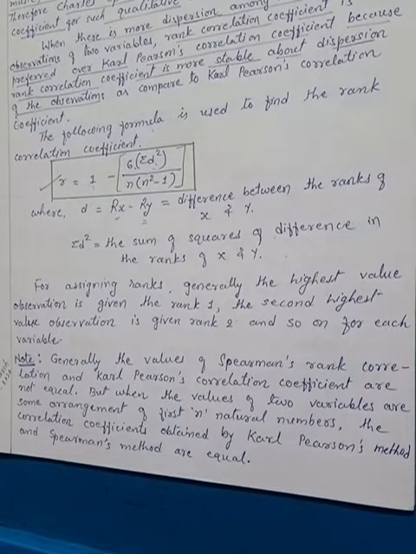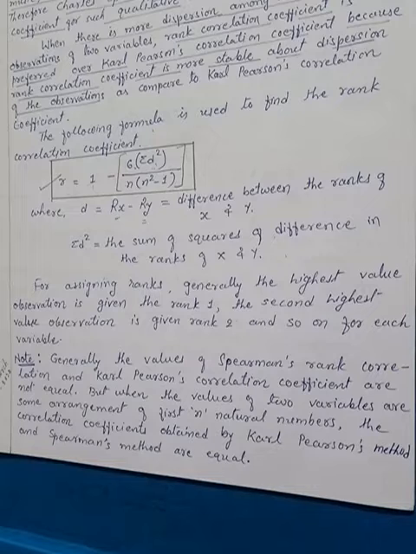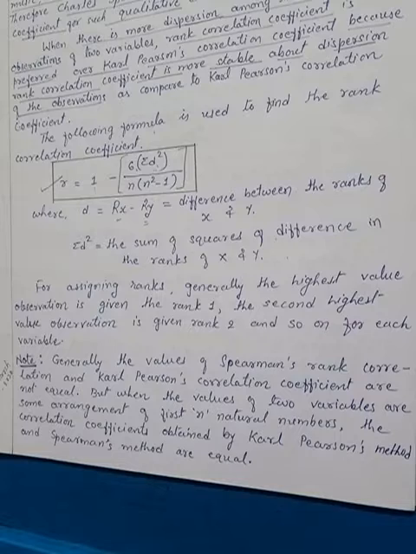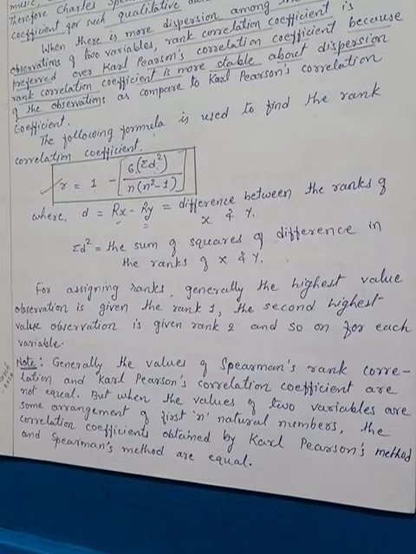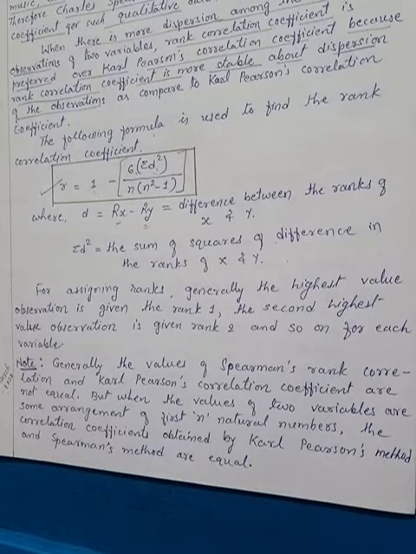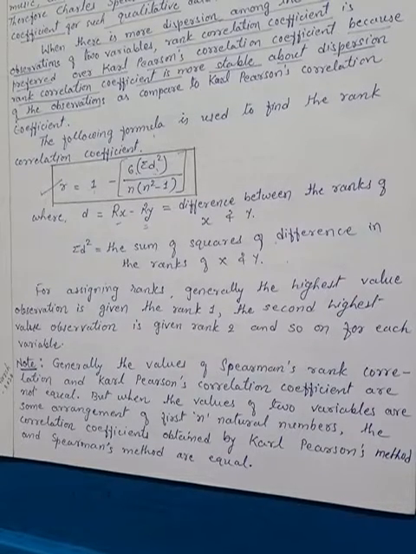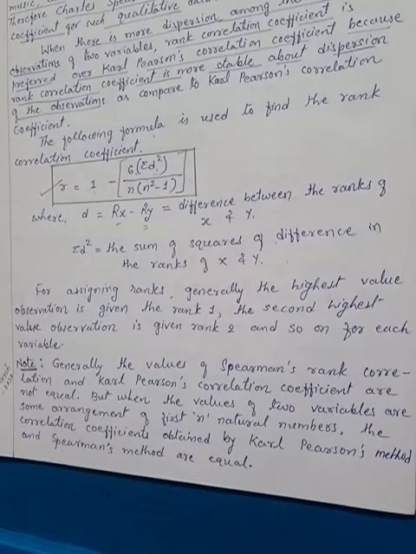That means if you calculate the correlation coefficient by Karl-Pearson's method, and also calculate the rank correlation coefficient by Spearman's method, for the same sum, the answers will always be different. So in which case will we get the same answer under both methods for the correlation coefficient? That is given over here.